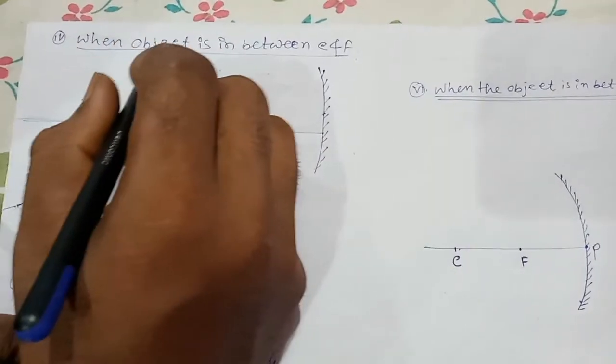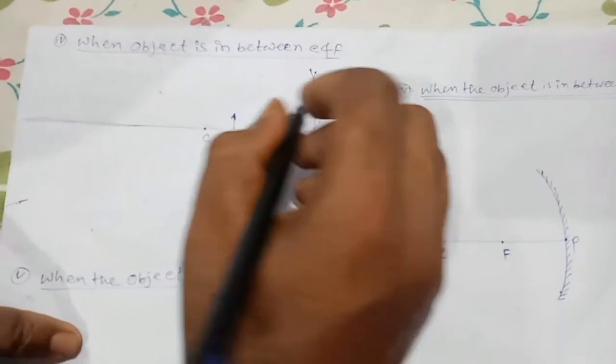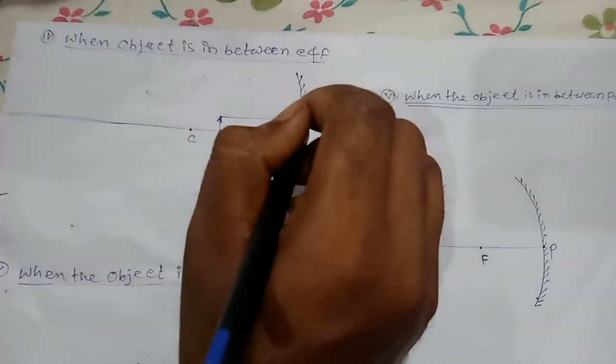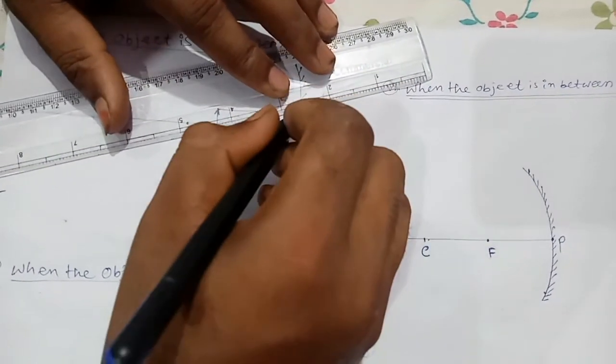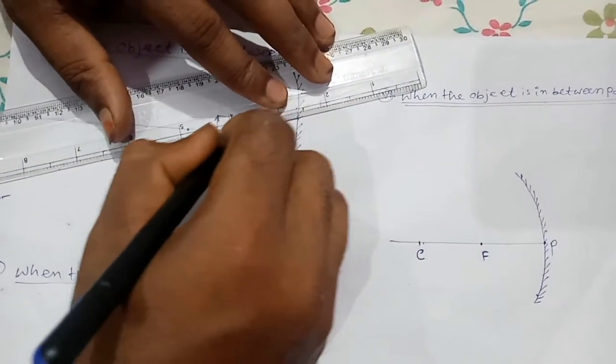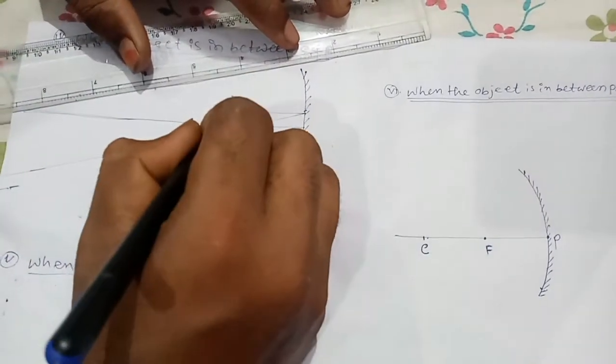When the object is in between C and F, now the incident ray parallel to the principal axis. Here this one is the incident ray parallel to the principal axis. After reflection, it will pass through the focus. So this one is our reflected ray.